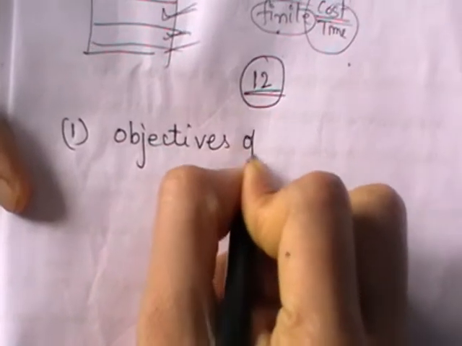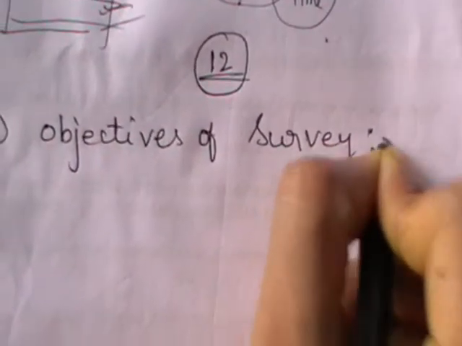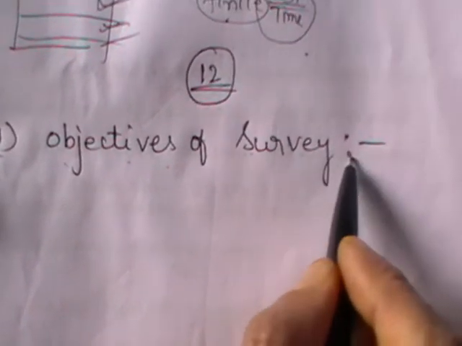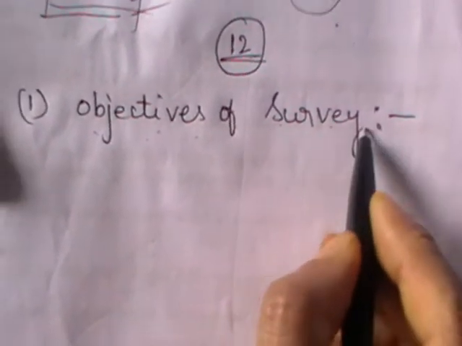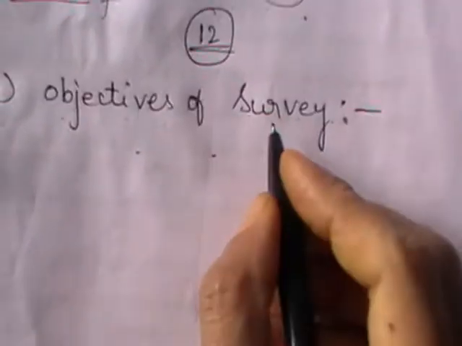Objectives of the survey. Like the aim heading in your practical, here you are going to specify the objective of the survey. In the first step you should specify the objective of the survey in concrete terms, and it should be clear.